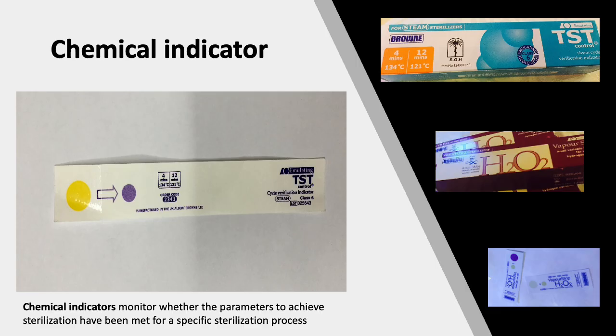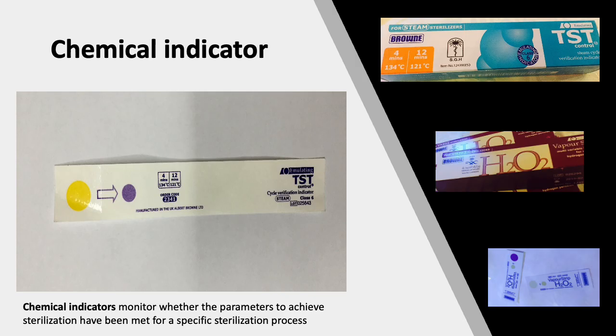There are several indicators that we must monitor for the sterilization process. The physical indicators monitor time, temperature, and pressure. The chemical indicators, which are external and internal, monitor whether the parameters to achieve the sterilization have been met for a specific sterilization process.